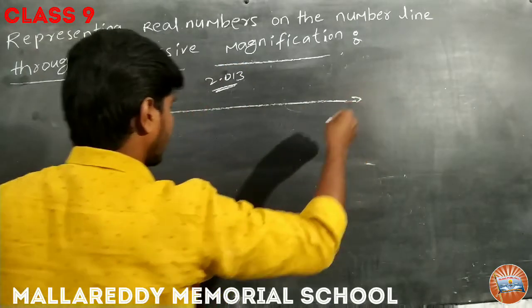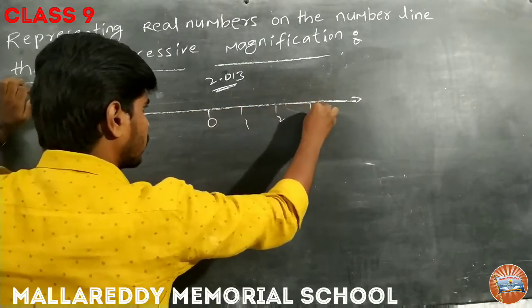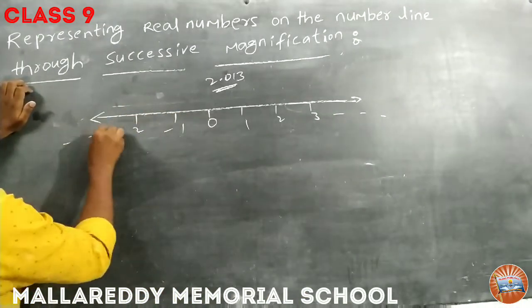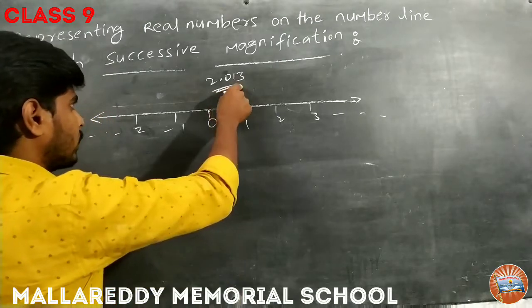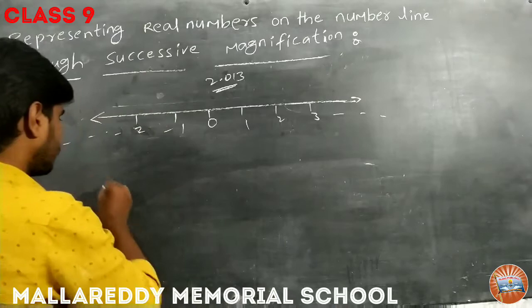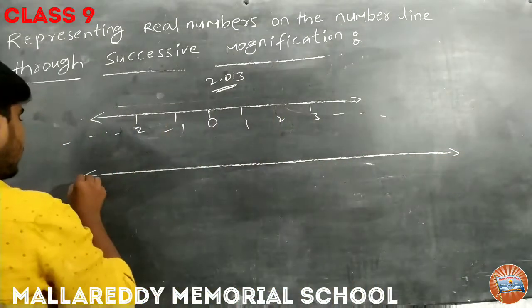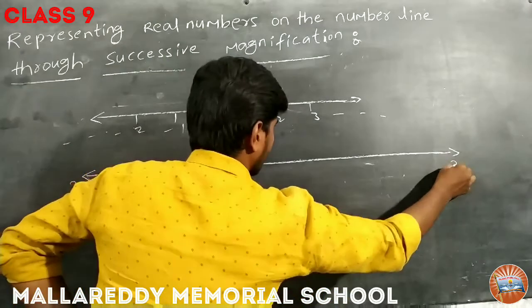First of all we have to take a number line: 0, 1, 2, 3, and so on, minus 1, minus 2, and so on. This 2.013 lies between 2 and 3, isn't it? Take a number line like this. Here it is 2. Here it is 3.